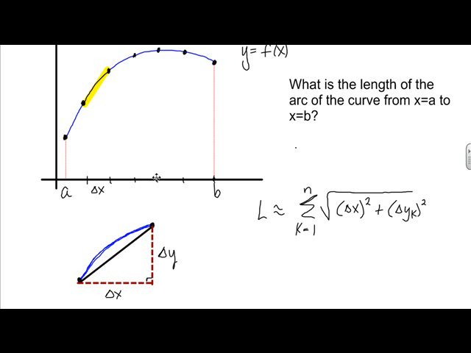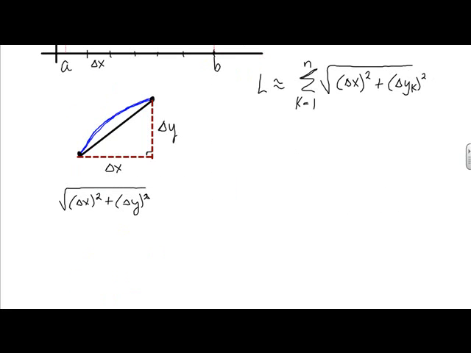Now, we're going to work on this expression a little bit. So play some algebra games. We're going to factor out a delta x squared out of the two terms that are under that square root.